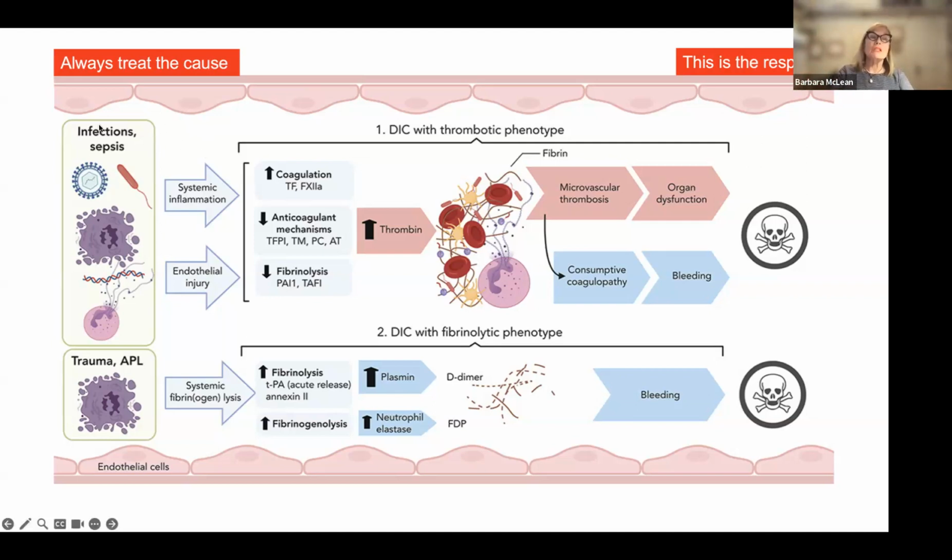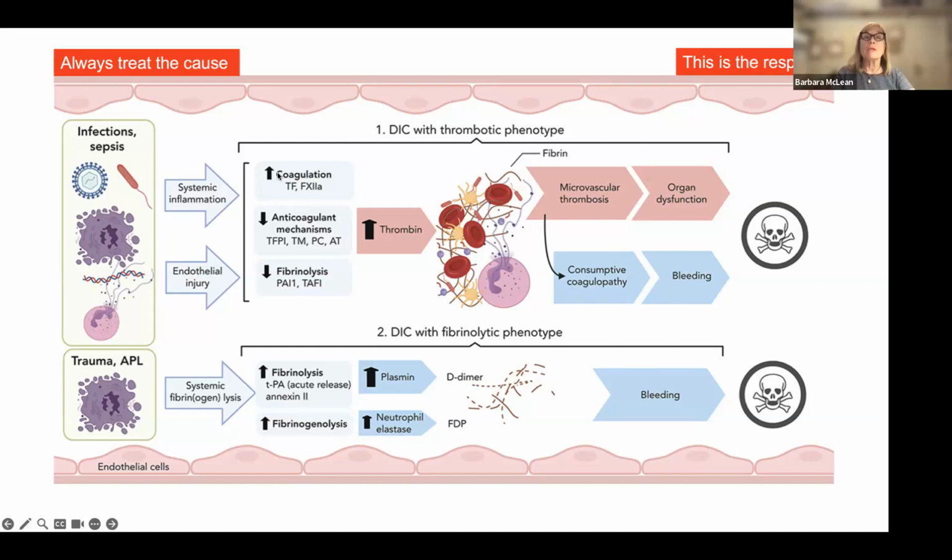So infections and sepsis for most of us, trauma, APL, we're talking about cancer patients, we think about MTP, all of those things which are pro-inflammatory. Pro-inflammatory stimulation also causes injury to the endothelium. That's called the glycocalyx. That's why your patient gets all swollen because they've lost their barriers, right? And we look at that relationship.